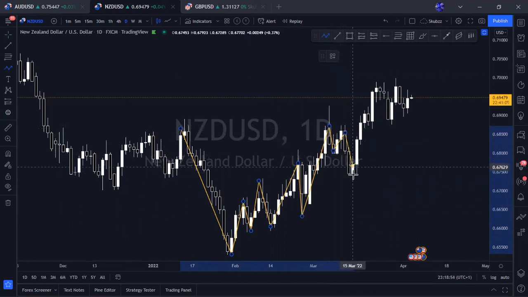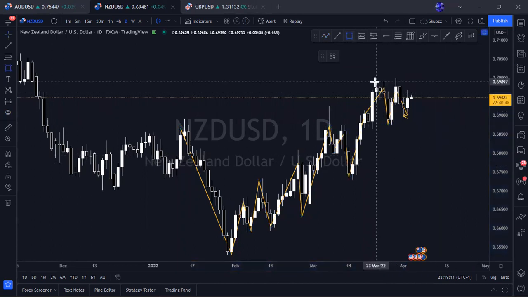And then we had this break, but immediately we went to the upside, and since then we have been ranging. So this market is currently, for me, in this range. It has not escaped it up to now.